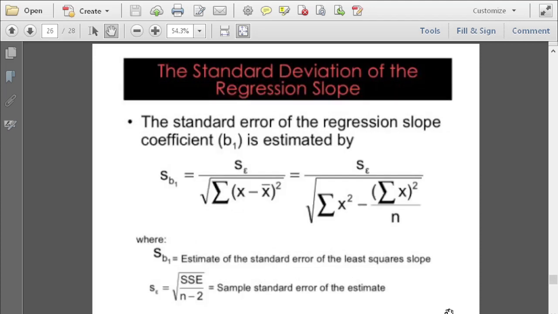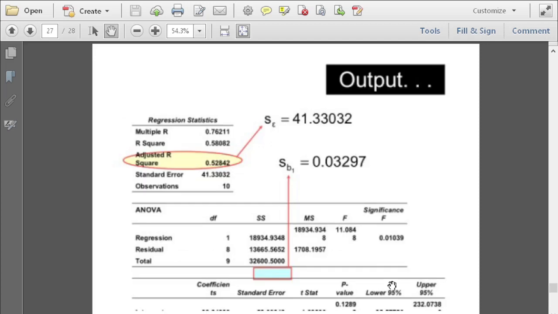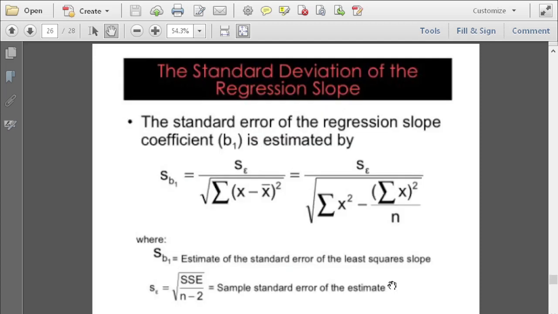So we have here the standard error of the regression slope coefficient, or b1, which is estimated by using this formula. Estimated the standard error and then the sample standard error. So that's the formula, guys. Just familiarize yourselves with it. It is already given in the result directly, so don't worry about the formula.